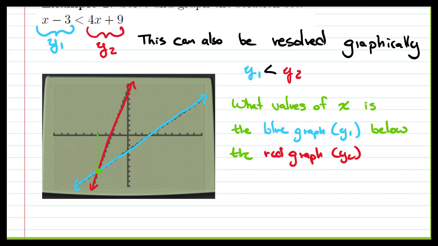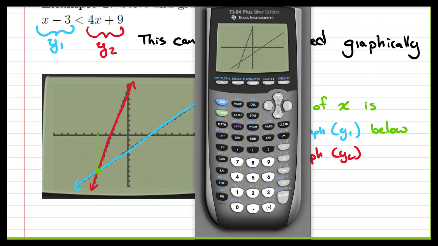But let's use our calculator once again to find that exact value. So we grab our calculator, and we're going to go back into our calculate menu. So we go to calculate. Before we used zero, this time we're looking for the intersection. So we go down to choice number 5, and we press enter, and it's going to ask us 3 questions again.